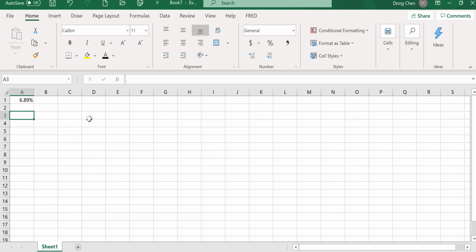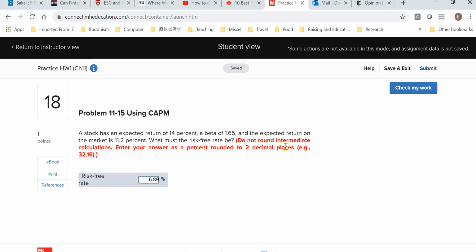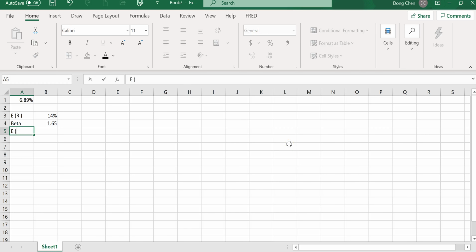Before I check my work, I want to show you another way we can get the same answer. We can just use Excel. ER is simply 14%. Then we also know that the beta is 1.65, and finally we know the market return, 11.2%.